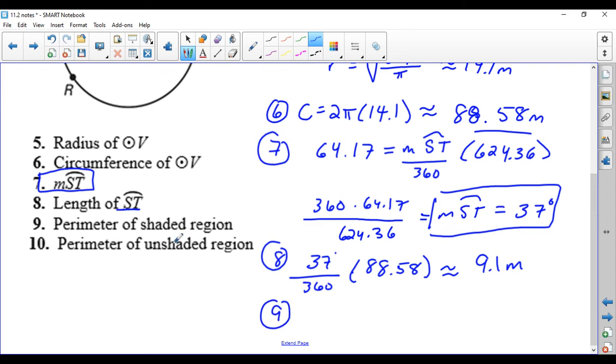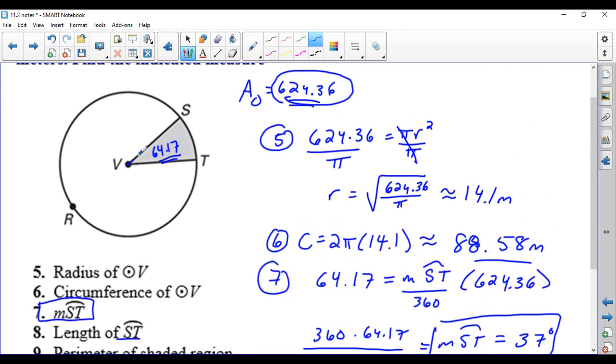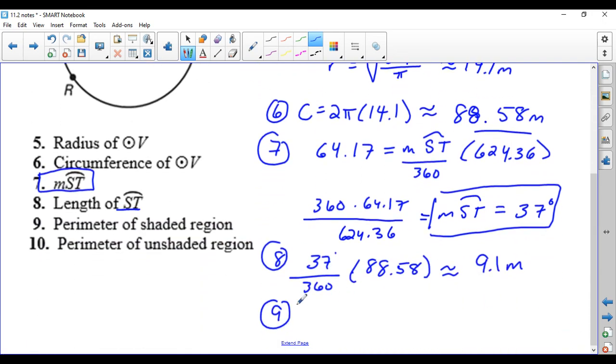For part 9, we want the perimeter of the shaded region. The shaded region here, its perimeter is this arc plus the 2 radii. So I'm going to add 2 times the radius plus the arc length that I just found. And that adds up to about 37.3 meters.